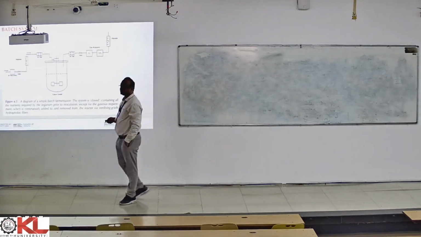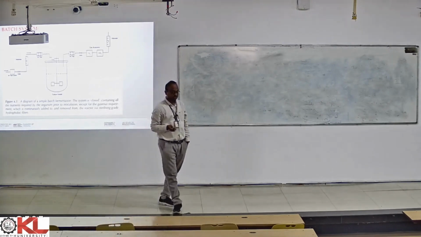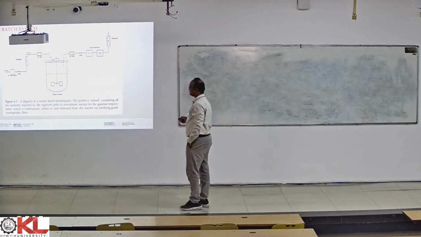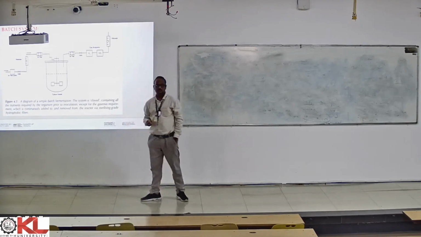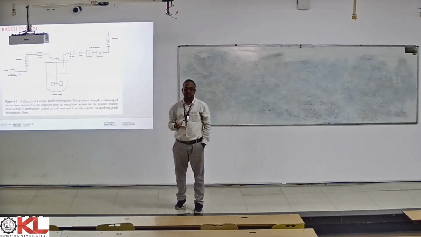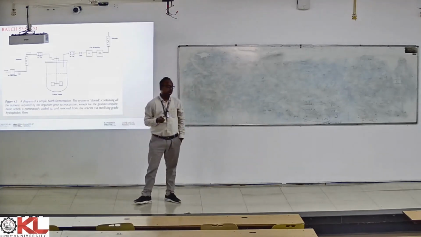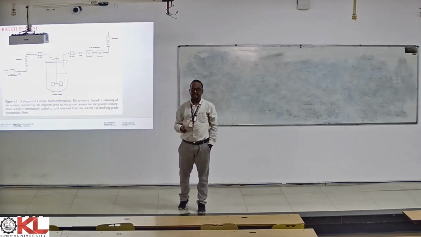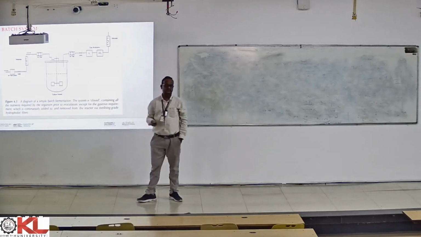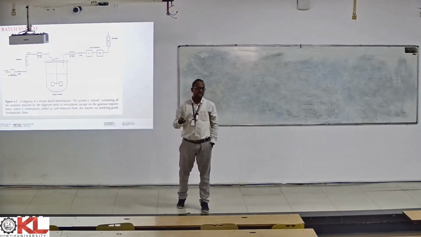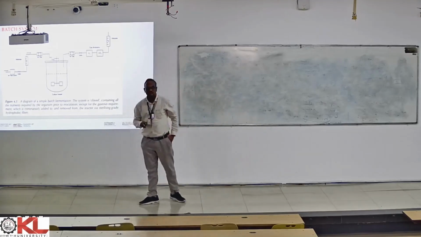In this session I'm going to discuss the batch system, how we operate a bioreactor in batch mode. This is the schematic representation of a bioreactor operating in batch mode. You have to remember one point: batch mode is called a closed system because we take our substrate, our carbon source, nitrogen source, minerals, vitamins, whatever is required for the growth of the organism, and inoculate the culture inside the reactor and then seal the entire bioreactor.